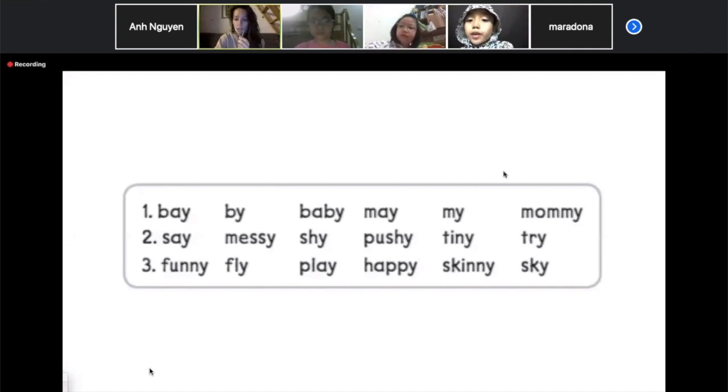So I'm going to enable annotations. Go ahead and circle the words that have Y as the long E sound in this list. So circle all of the words where Y makes the long E sound. So go ahead and circle, please.